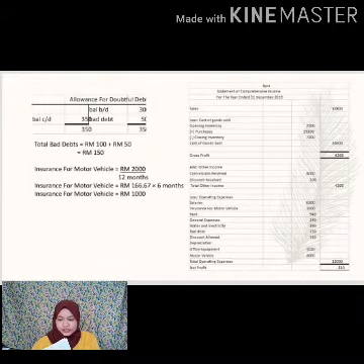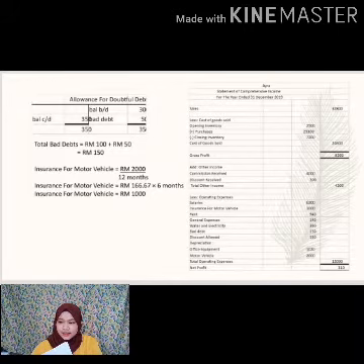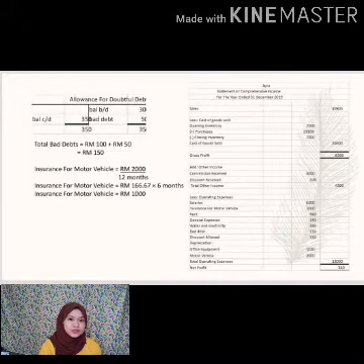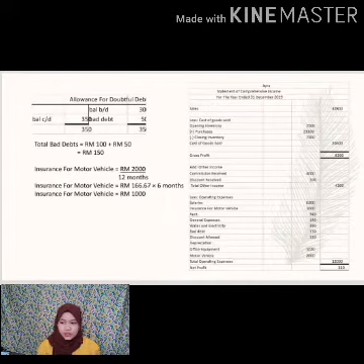Right, let's move to the statement of comprehensive income for the year ended 31st December 2019. As you can see, we have sales, which is 32,800. In the cost of goods sold, we have opening inventory 2,500.